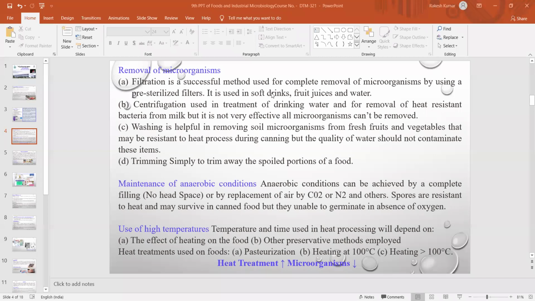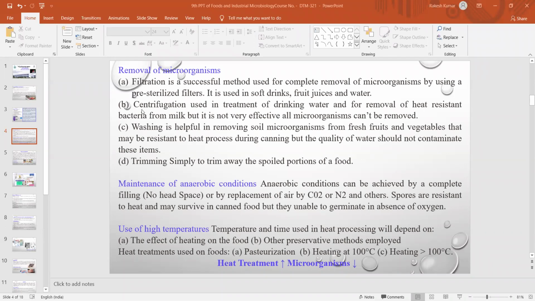Thereafter, centrifugation is used in treatment of drinking water and for removal of heat-resistant bacteria from milk. But it is not very effective, and it is not possible to remove all microorganisms present in the system. But just to minimize the total bacterial load, you can use this centrifugation method.